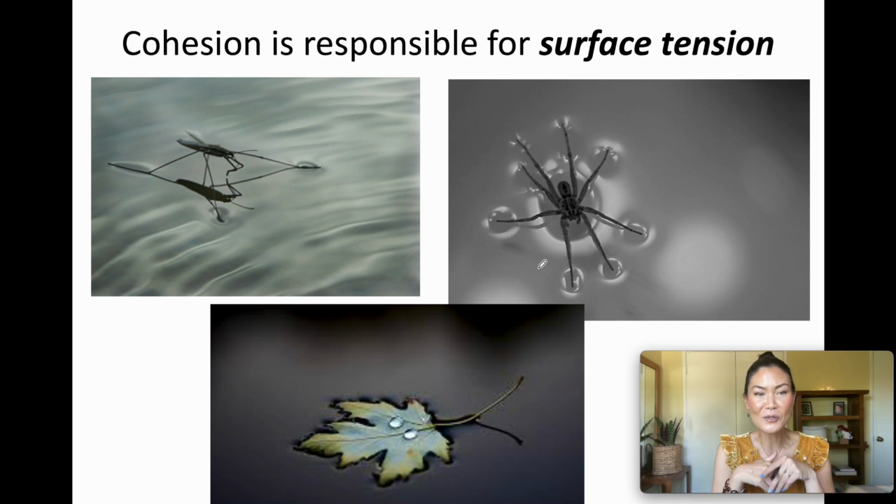It can use the surface tension without breaking the hydrogen bonding. It can go from one side of the river to the other, or from one side of the lake to the other. The water striders and spiders can also glide across the water because of the hydrogen bonding, okay?